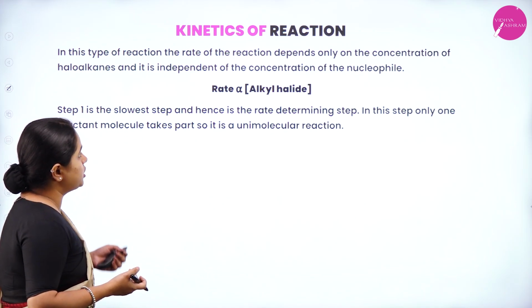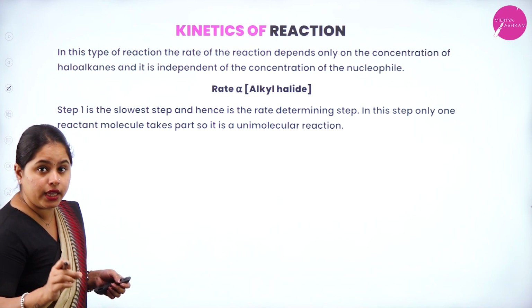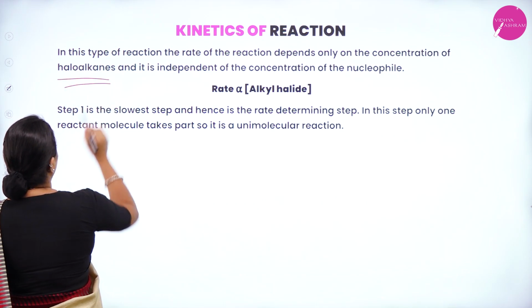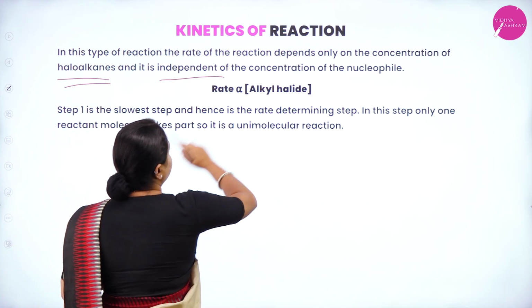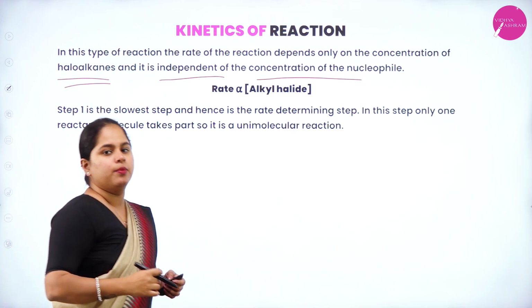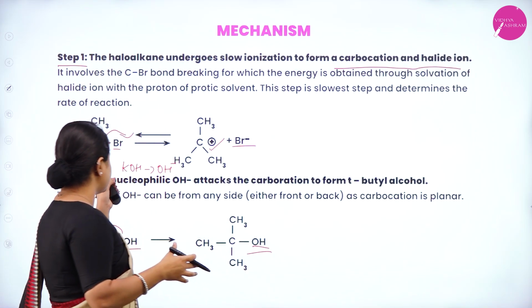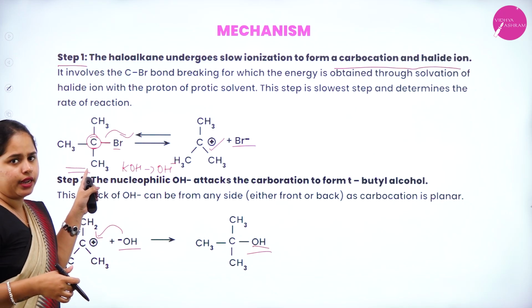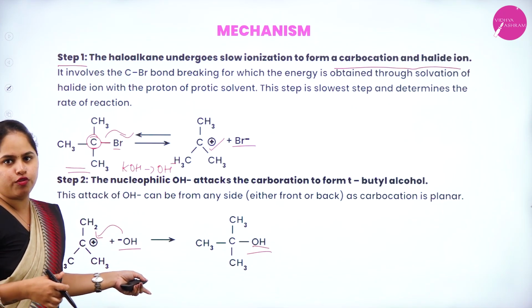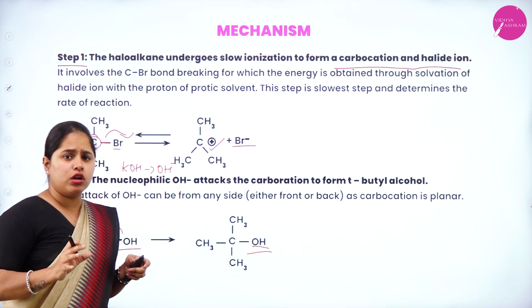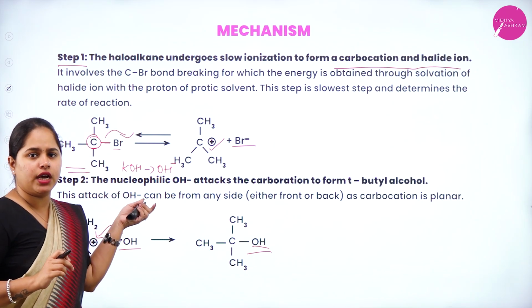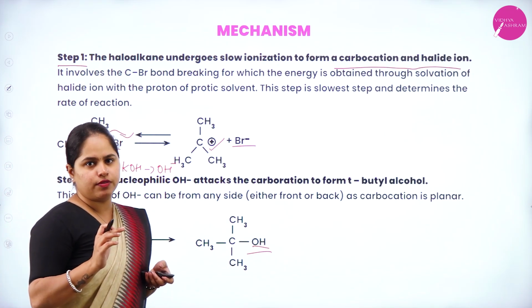In this type of reaction, the rate of the reaction depends only on the concentration of haloalkane and it is independent of the concentration of nucleophile. What does that mean? In the first step, you have the haloalkane, right? And then in the next step, the nucleophile comes into place. So only the concentration of how much haloalkane we are taking matters, and based on that the reaction will proceed.